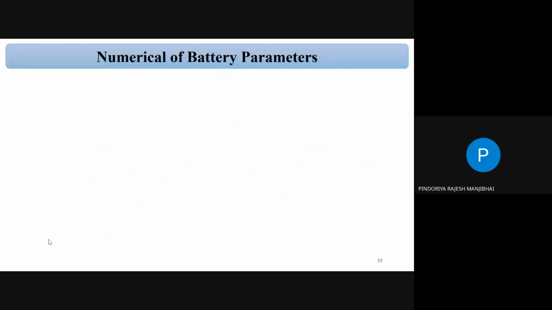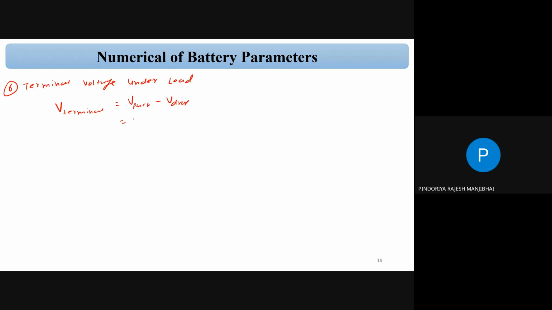Yes. Next one, terminal voltage under load. Under load condition, we can say V terminal is equal to V peak, the battery voltage, minus voltage drop.